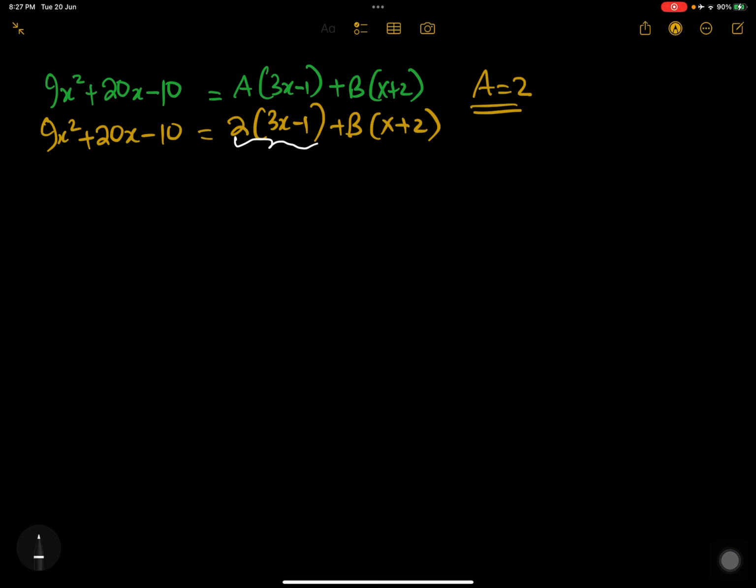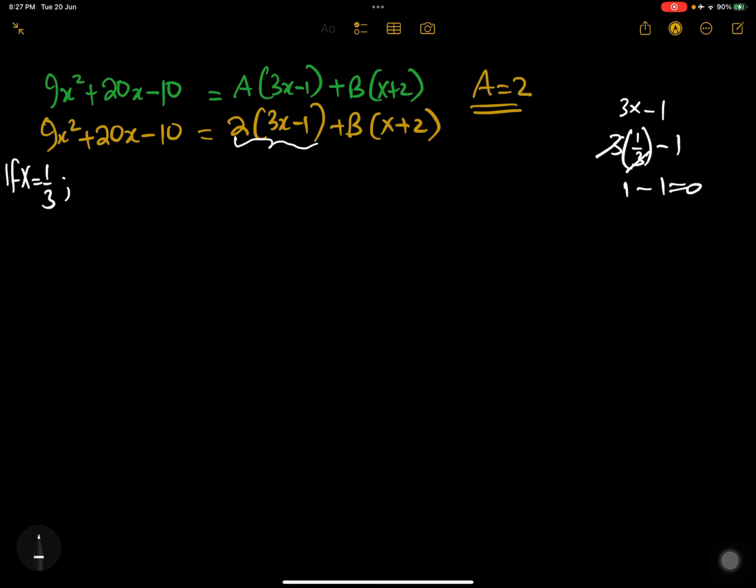And to do that, if we make x equal to 1/3, why am I choosing that? Remember we have 3x minus 1. So if we put 1/3 as x, this 3 cancels out. You're going to get 1 minus 1, which is 0. And 0 times 2 is 0. So x is going to be 1/3.